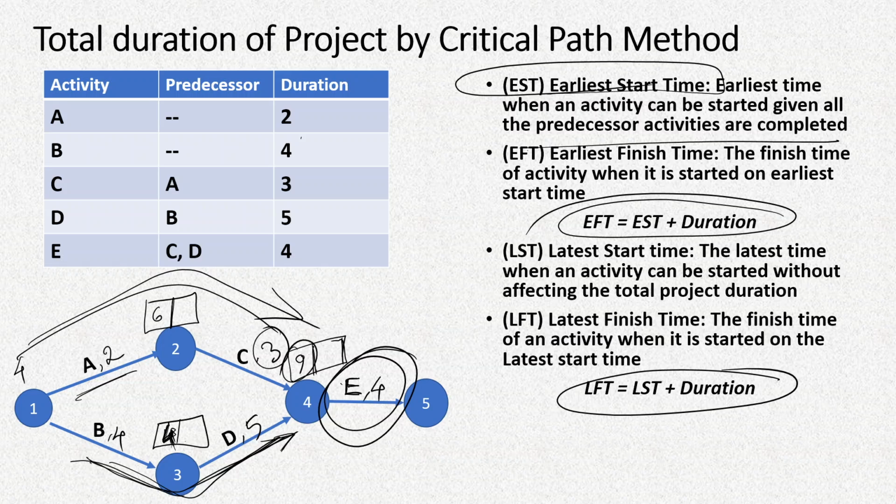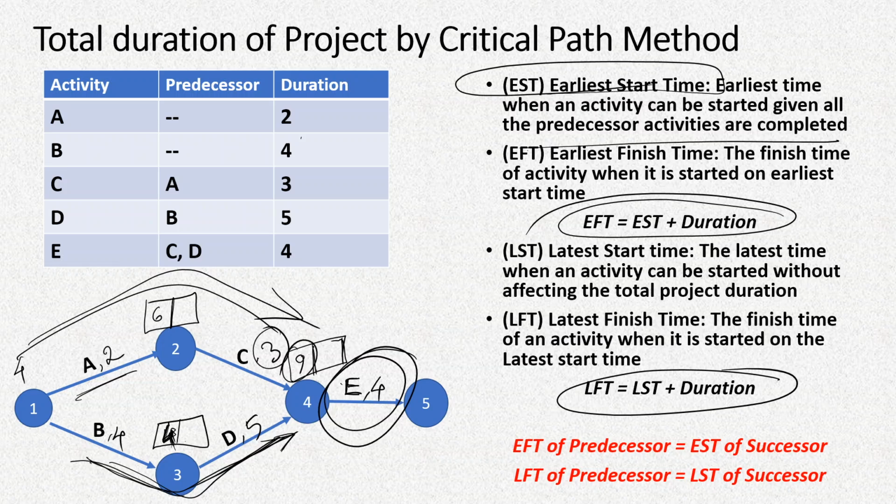Also one thing to remember is the EFT of the predecessor, or earliest finish time of the predecessor, is the earliest start time of the successor, and the latest finish time of the predecessor is the latest start time of the successor.